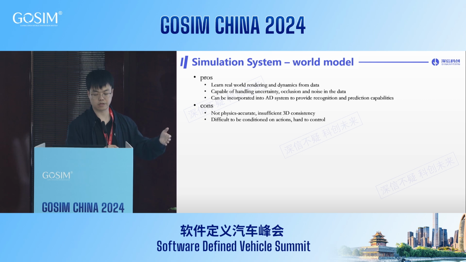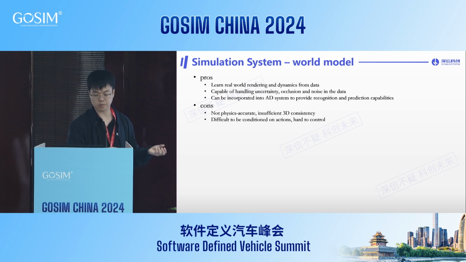If something is occluded in your data, the world model can infer that part of the data in the next several frames. The last one is, of course, that the world model can be incorporated into AD systems to provide perception and predictive capabilities. So these are the promising effects of a world model. That's why a lot of people are talking about incorporating world models into a simulation system.